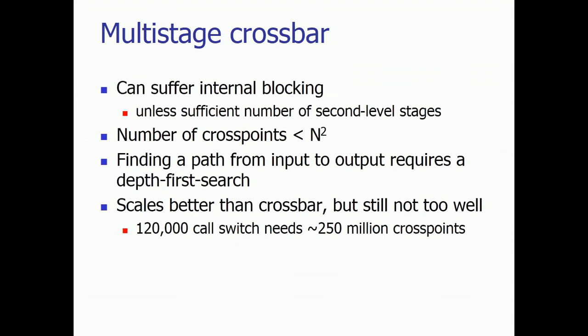The number of cross points can be less than n square. Finding a path from input to output requires a depth first search technique. This scales better than crossbar, but still not too well.